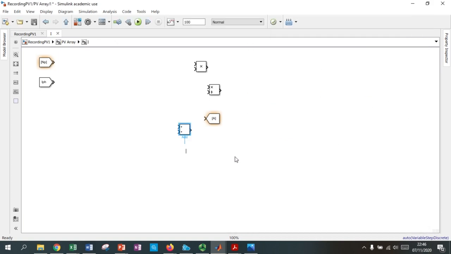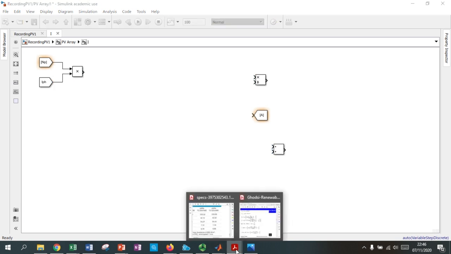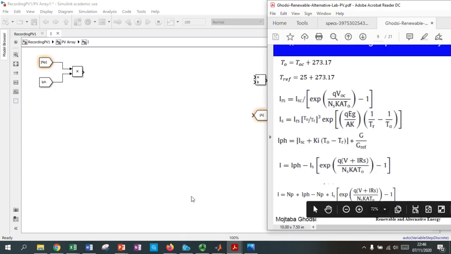We also have add. Then we use them one by one. Then there is a plus. They will be added together. Then this is NP IPH minus NP IS.